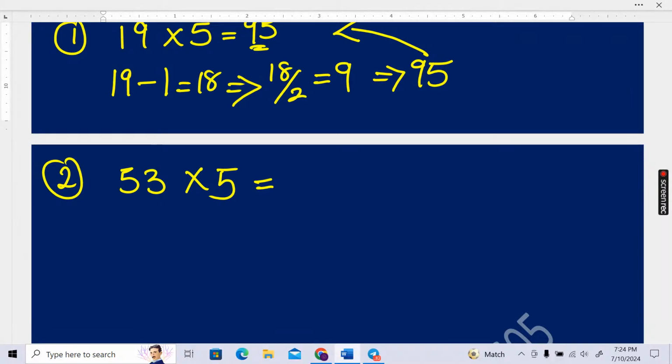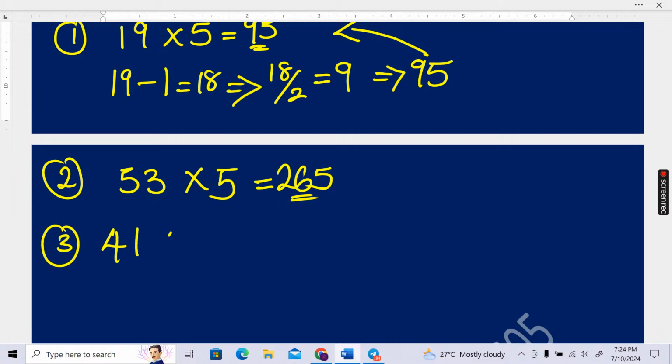Divide 52 by 2, then you will have 26. Write down 26 and write 5 beside it. Always write 5 beside your final answer. So 53 times 5 is equal to 265.